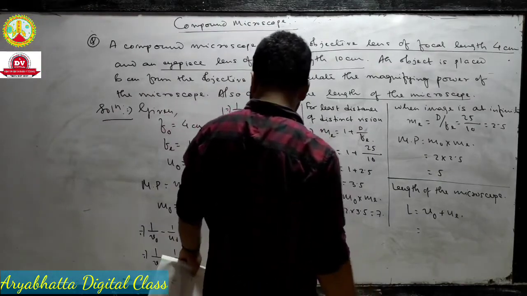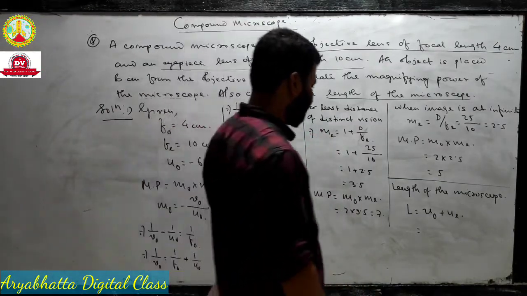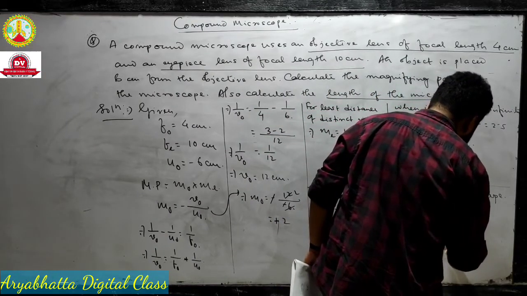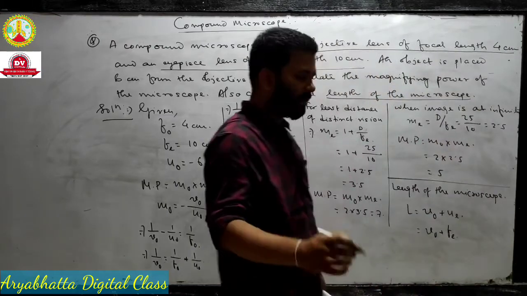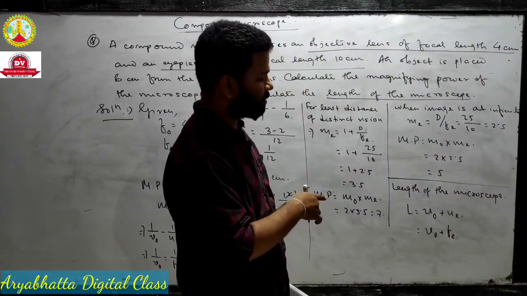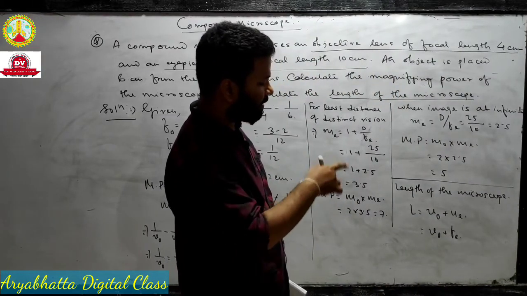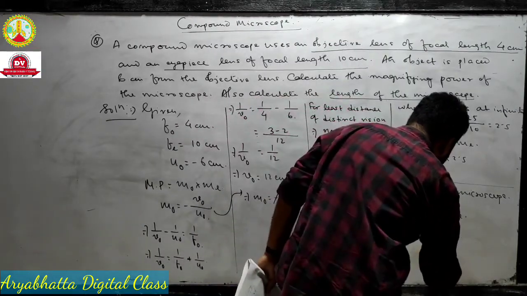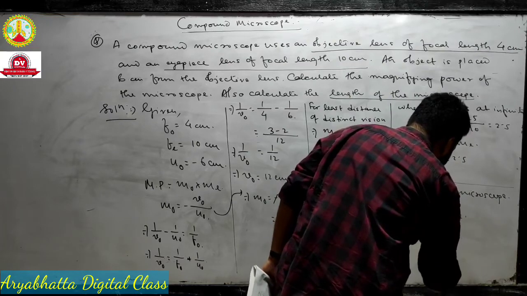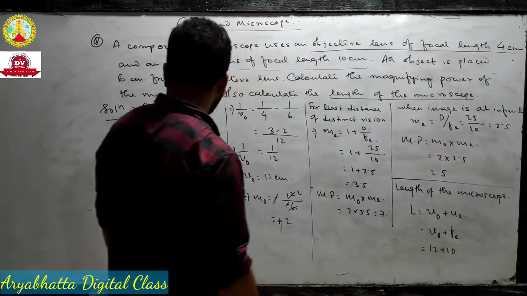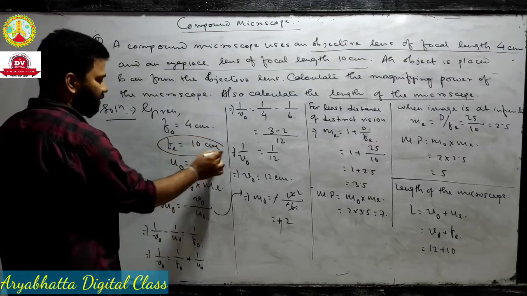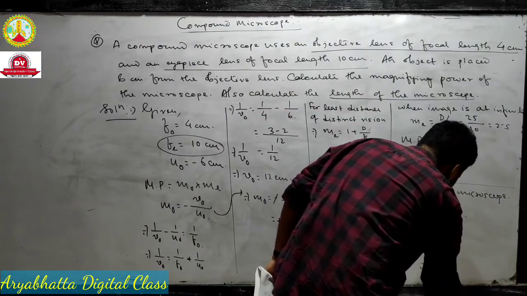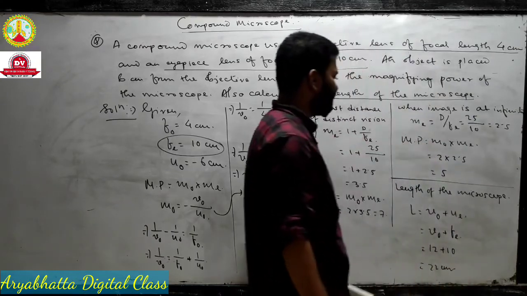V naught is equal to 12. And UE is equal to what? FE. When the image is formed at infinity, UE is FE. V naught is 12, FE is 10. Focal length of the eyepiece is equal to 10. So the length of the microscope is equal to 22 centimeter.